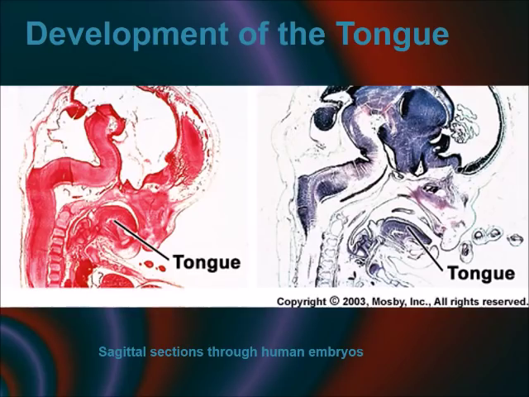For development of the tongue, at the early age of the embryo life, the head is folded forward. Later on, at the age of 8 to 9 weeks intrauterine, the head will move backward and the tongue will drop downward, so the oral cavity and nasal cavity are separated.